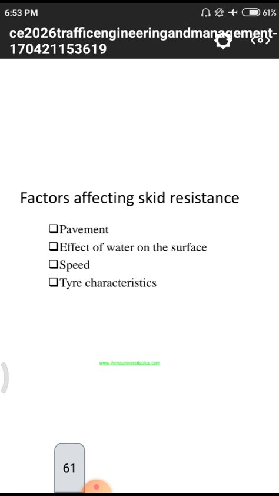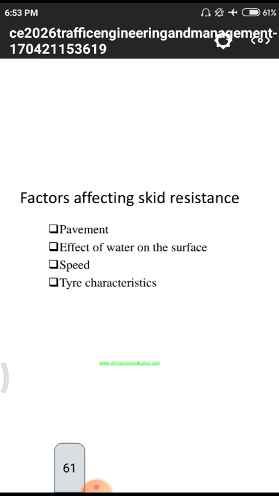Because the top layer will be eroded due to the kilometers traveled. So we need to observe the time we bought the tires, and every year we have to observe the top surface, whether it is eroded or not, so that we replace it after the lifespan of the tire.